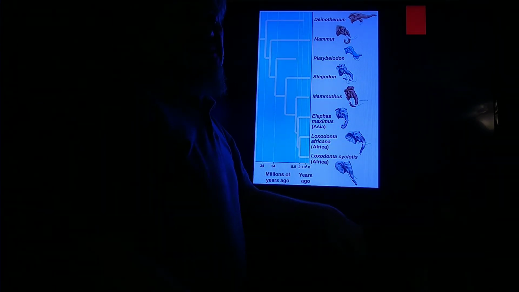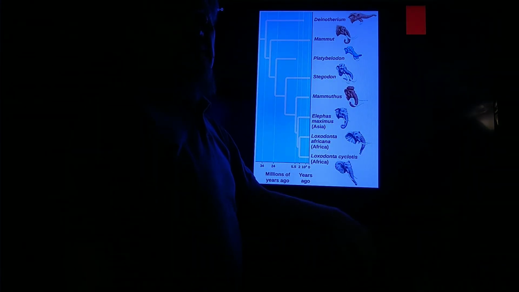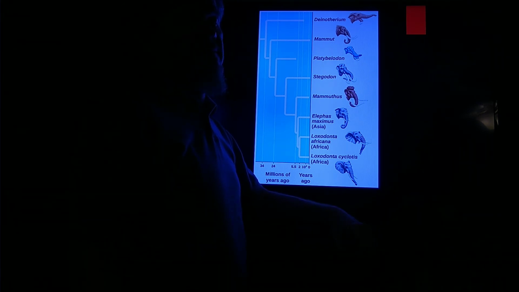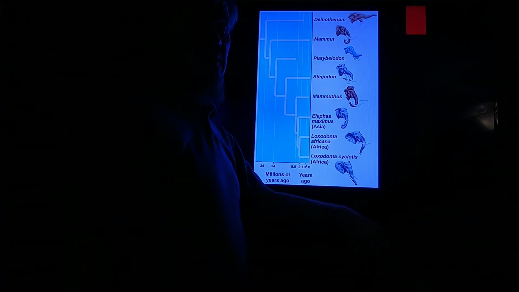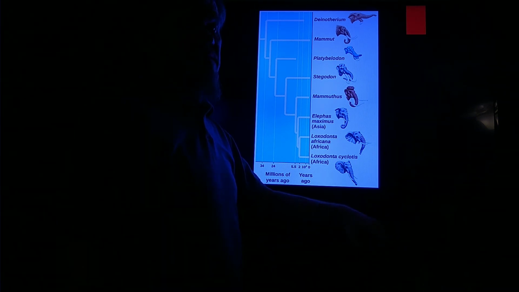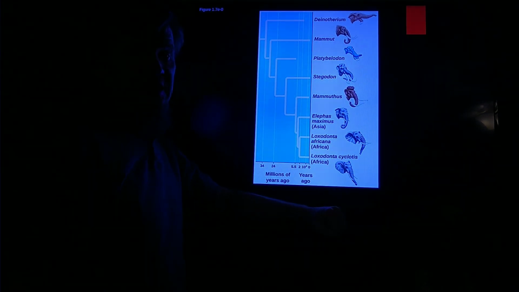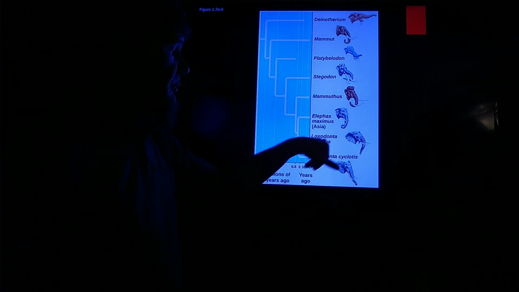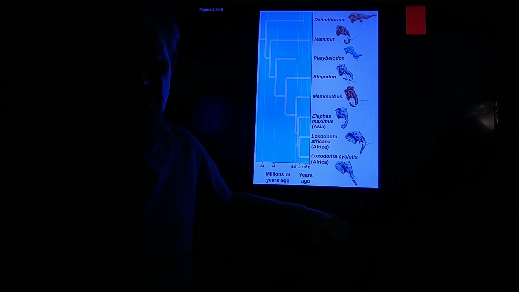You really need to look at this on your own, because you got to look at the Platybelodon, because that guy had a really rough time in school, and you just need to look at this dude, the light blue one, and just be glad you weren't a Platybelodon. Just saying. Species change over time. We start with very different animals, and we end up with modern day elephants. Species change over time.